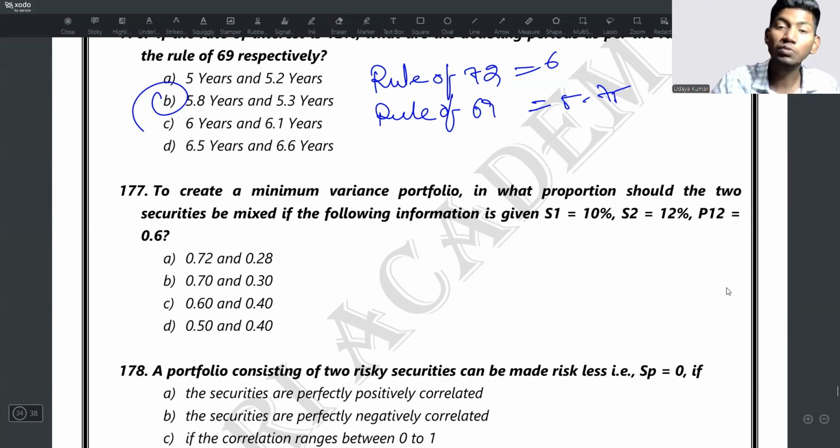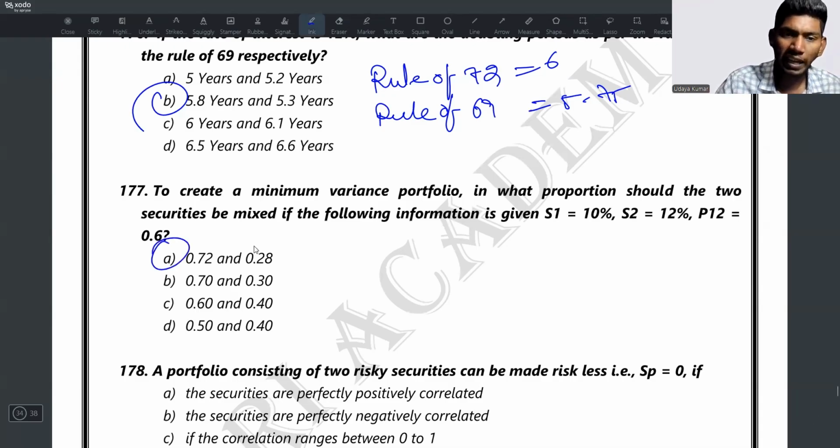If you use the formula, approximately you will be getting 0.72 for the first security and 0.28 for the second security. The total will be 1. Okay.